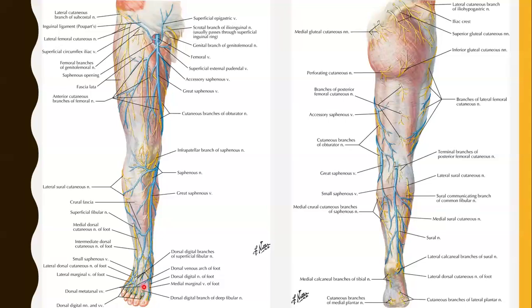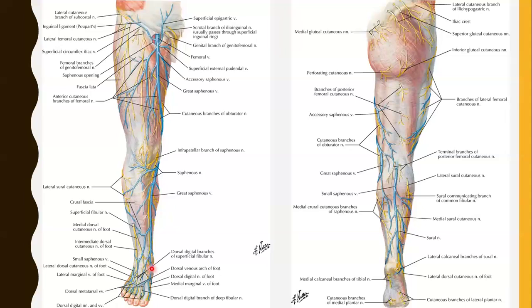Those veins join together and form a venous arc that we call the dorsal venous arc. This arc has a medial aspect and a lateral aspect. The medial aspect of the arc, together with the medial marginal vein, join on the medial aspect of the foot to form the great saphenous vein.